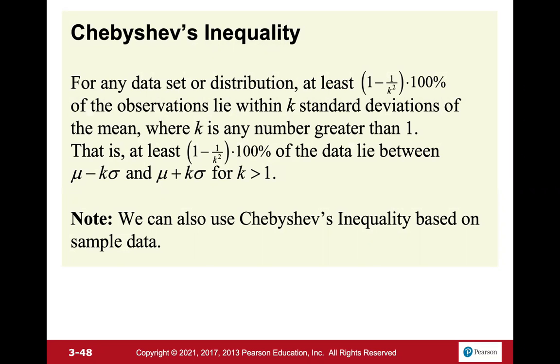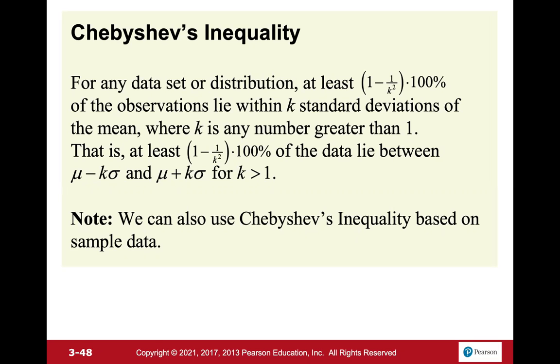For any data set or distribution, at least 1 minus 1 over k squared times 100% of the observations lie within k standard deviations of the mean, where k is any number greater than 1. That is at least 1 minus 1 over k squared times 100% of the data will lie between the mean minus k times sigma and the mean plus k times sigma, for k being greater than 1.